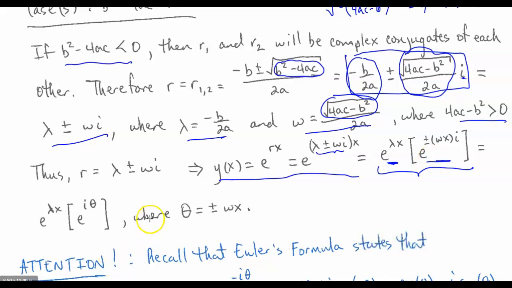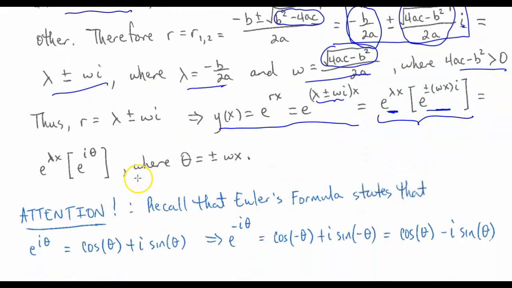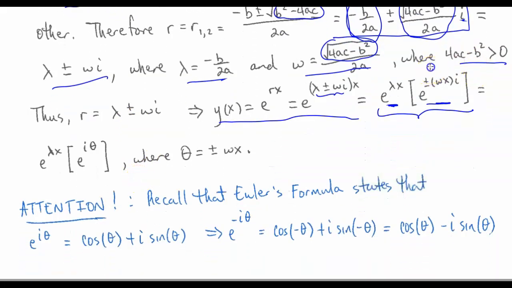Now, for the portion here that has the i in the exponent, if we recall Euler's formula, or Euler's relation, we know that e raised to the i theta is going to be cosine theta plus i times sine theta. And of course, for e raised to the minus i theta, the only thing that changes is that we have a minus here.